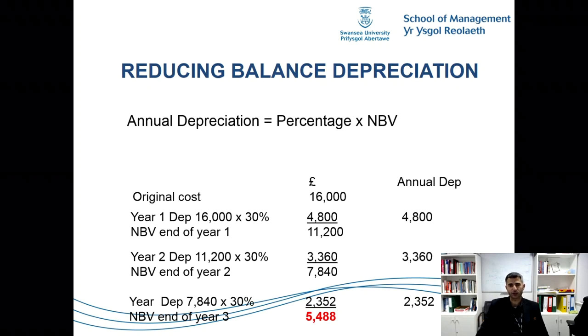So in order to calculate the net book value at the end of year 3, very simple, the net book value at the end of year 2 minus the depreciation in year 3, then you will find the net book value of year 3 is 5,488, which is roughly equal to the residual value. As you see, the residual value is 5,500. So there is a 12 pound difference. This is due to decimals.